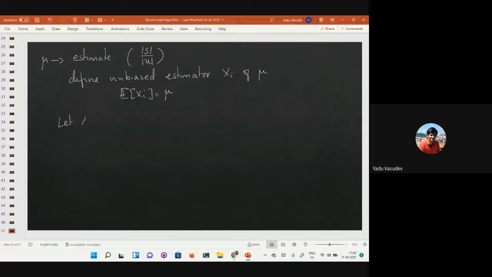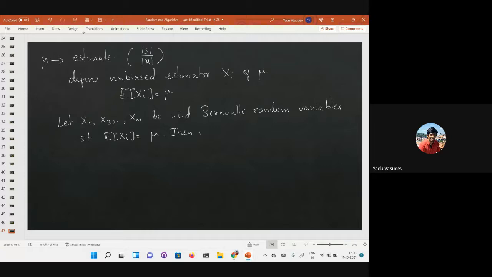It says that let x1, x2 up till xm be independent, identically distributed Bernoulli random variables such that expectation of xi is equal to mu.